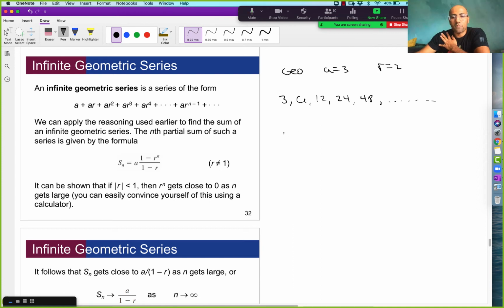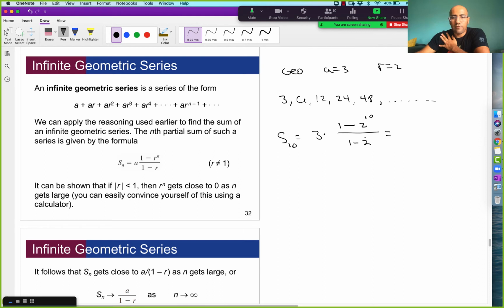Good. So I can find s sub 10, the sum of the first 10 of them. That's easy. That's going to be equal to 3, which is the a, times 1 minus 2, the common ratio, to the power of 10, divided by 1 minus 2, the common ratio.